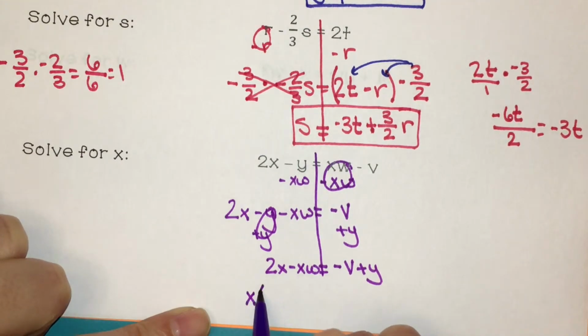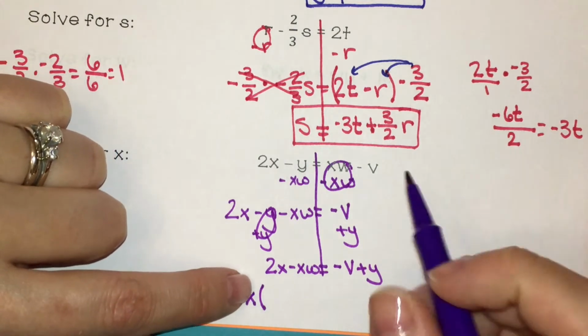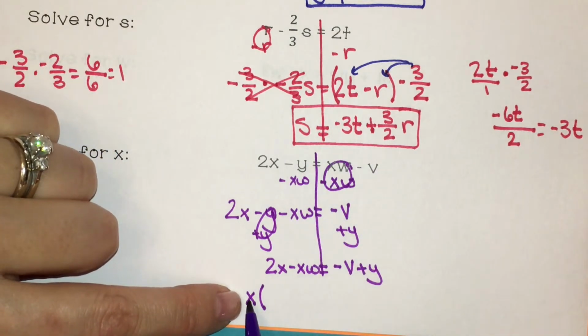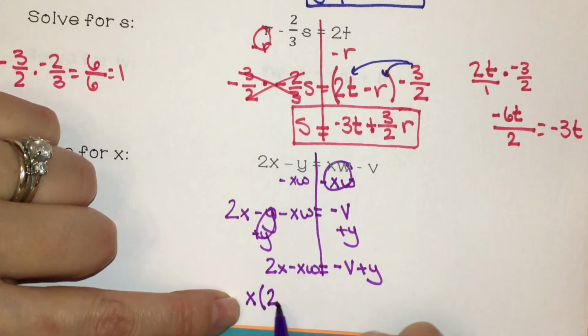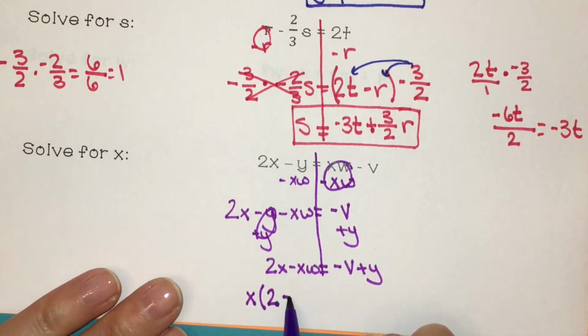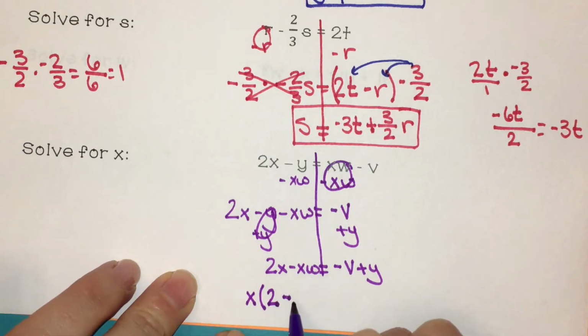I factored it out. And I'm left with, remember when we're distributing, we do x times the first term to get this. So x times what would give us 2x? Well, x times 2. Bring down that minus. X times what gives us x times w? Well, w.